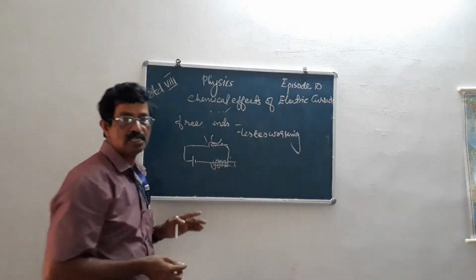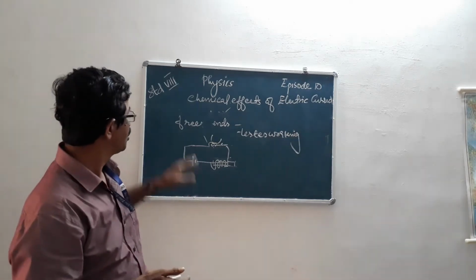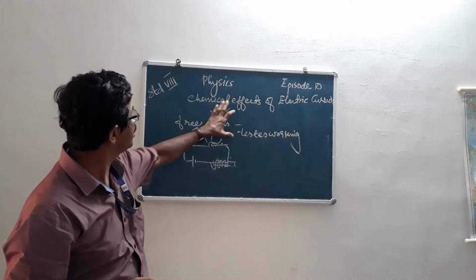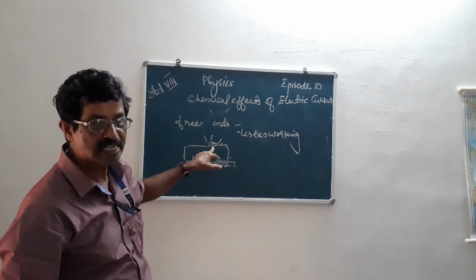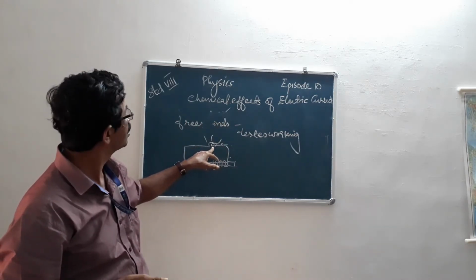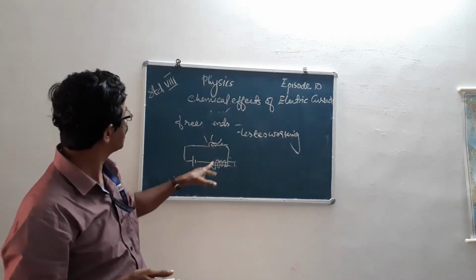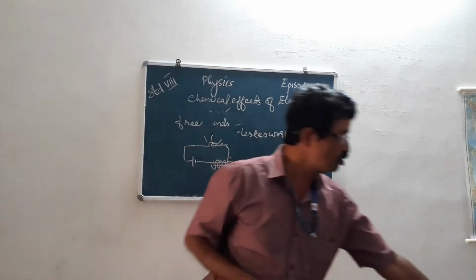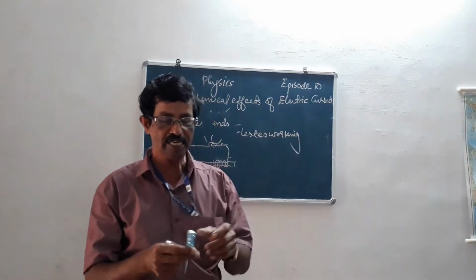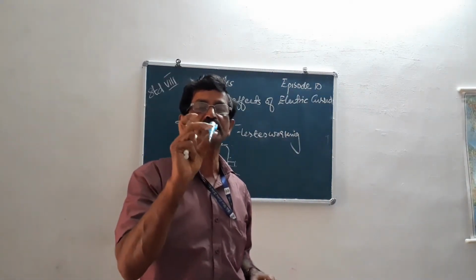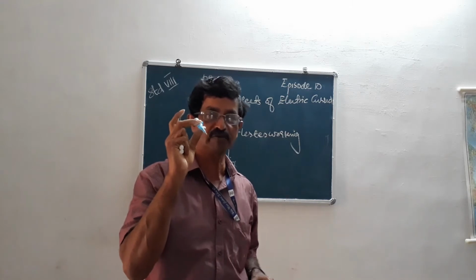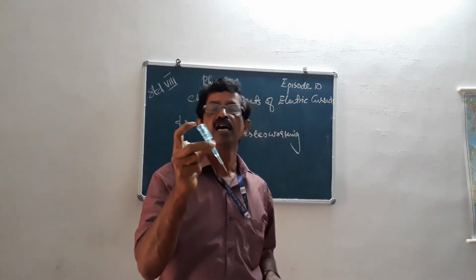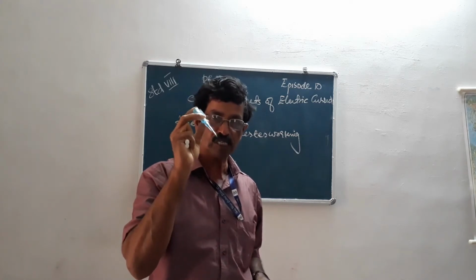When you join the free ends of it, if the bulb connected in that circuit glows, then we can say the tester is working. And this is the actual tester we usually use to identify the presence of current.